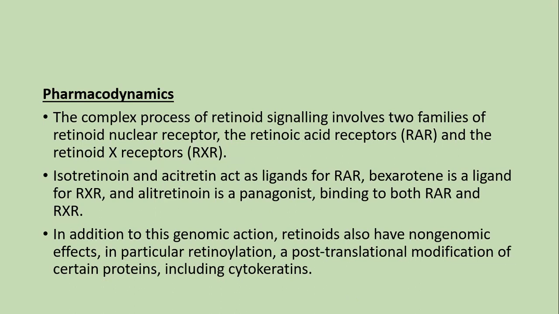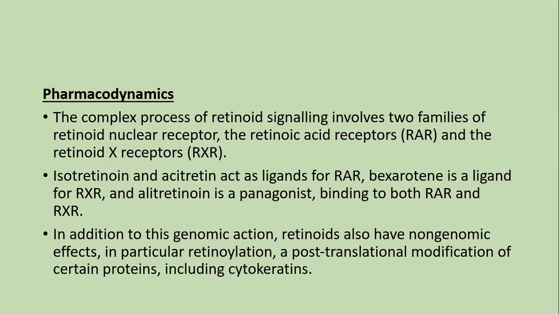Pharmacodynamics. The complex process of retinoid signaling involves 2 families of retinoid nuclear receptors, the retinoic acid receptor RAR and the retinoid X receptor RXR. Isotretinoin and acitretin act as ligands for the RAR receptors.